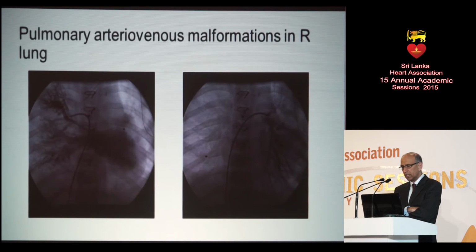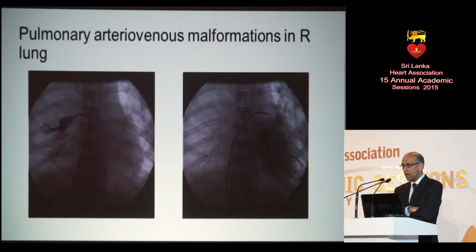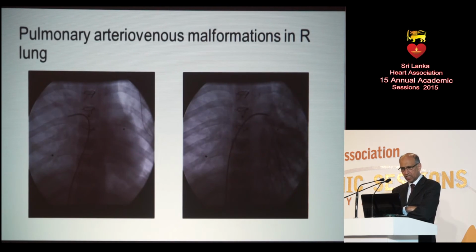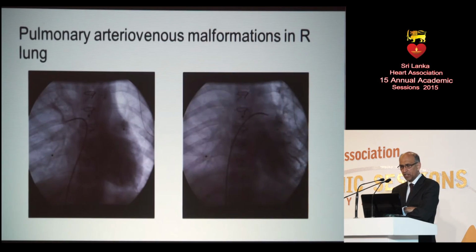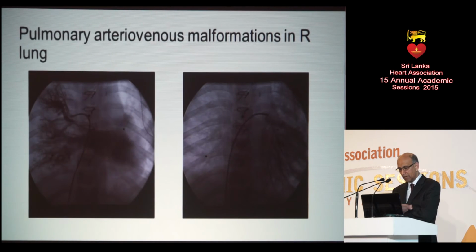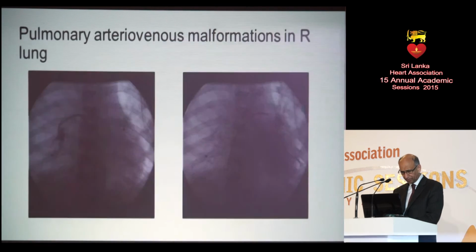Whereas the one on the left side shows a fairly normal-looking pulmonary arterial tree, and it takes a while before the blood gets back into the pulmonary veins. Unfortunately, he has the complication of a pulmonary arteriovenous malformations, which is an acquired thing in the right lung, which happens in people after a cavo-pulmonary connection.